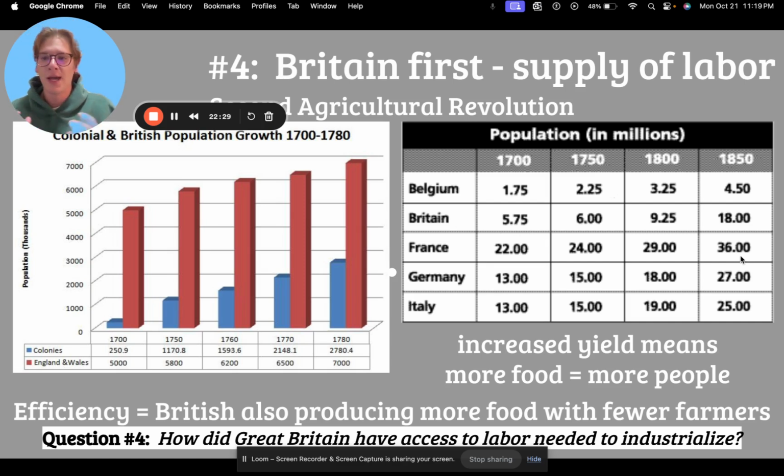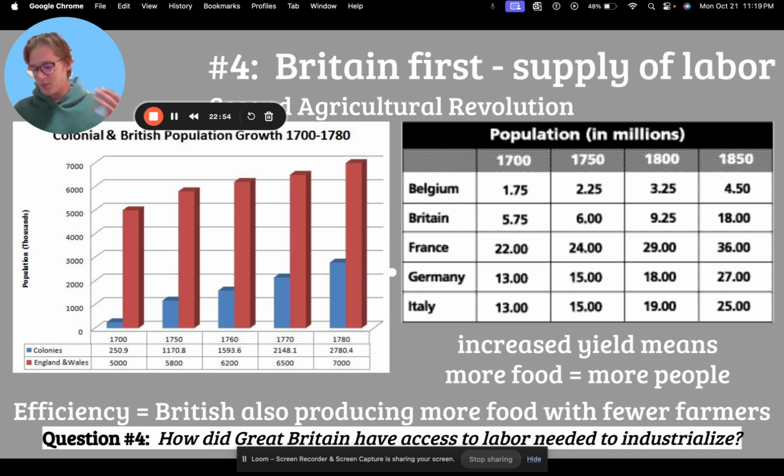We talk about this industrialization, but if you have more to offer as a society, as a community, you have this influx of food, more people are going to move there, not only for these jobs, but now they have food and they can continue to grow their families in this area.